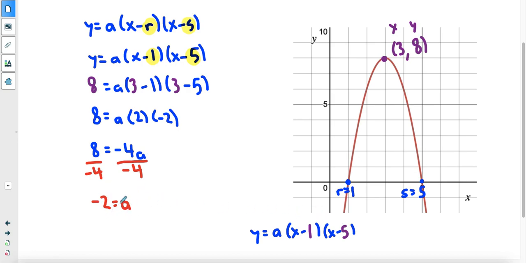And a I know is negative 2, so in place of a here, I can plug in negative 2. And there we go. This is the equation of my parabola in factored form. So what did I do here? I plugged in my x-intercepts. Then I found another point on this parabola and used that point to find my a value.